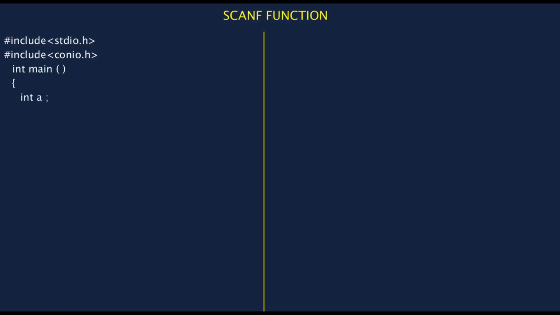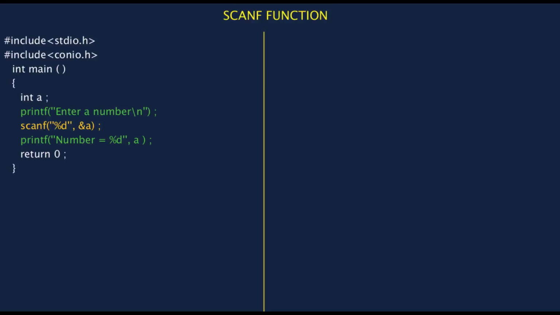And here we declare a variable int a, not initializing the value of a. Then using the printf function we print this message, enter a number. Then using scanf we take the input from the user. %d we use for integer, and comma &a. &a is the address of integer a.